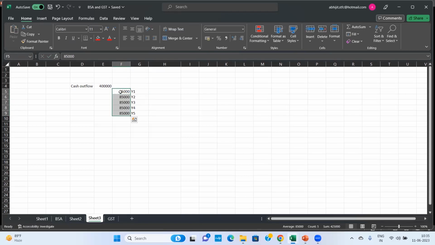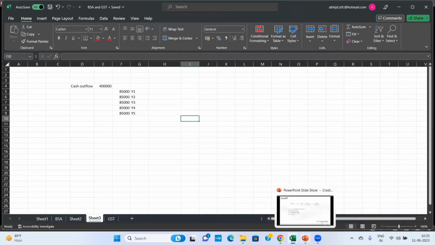It may be uniform, it may not be uniform as well. Then how do I calculate NPV? To see whether the project is actually useful or not, right?